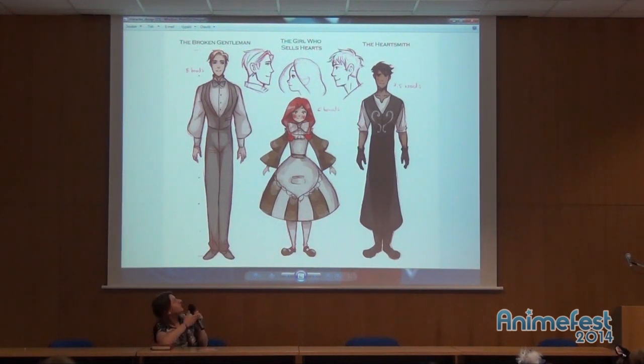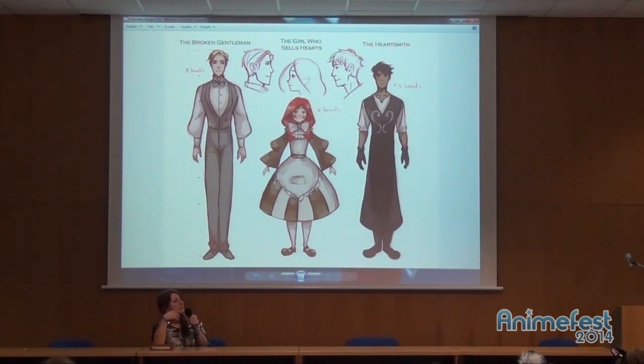And then I have the gentleman and the herdsman. They don't really have any other names, they just have these roles because it's a short story and I wanted to keep it simple and make it like a fairy tale, so they just have these title kind of names.